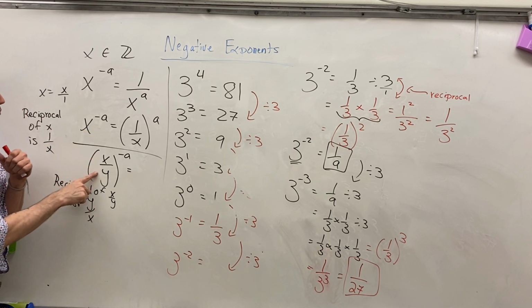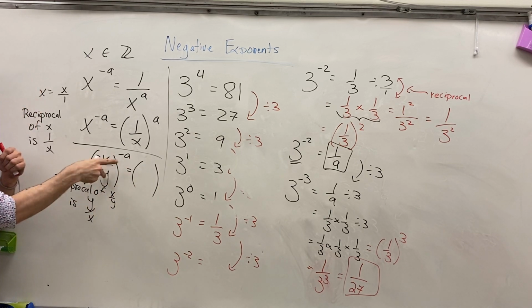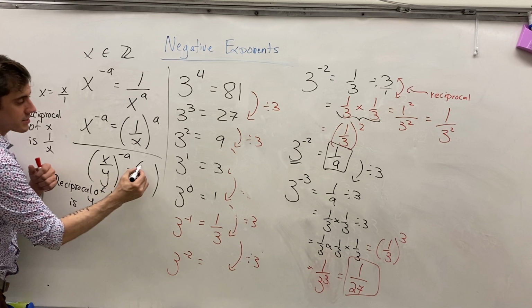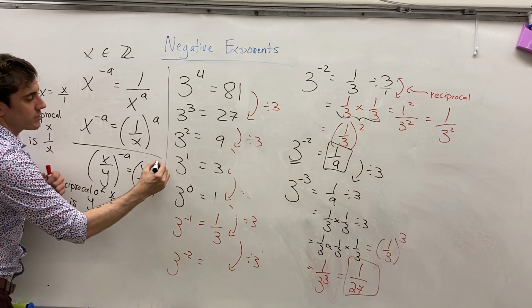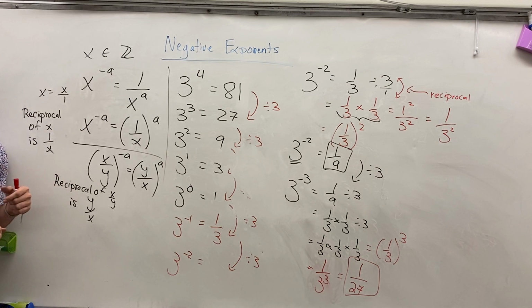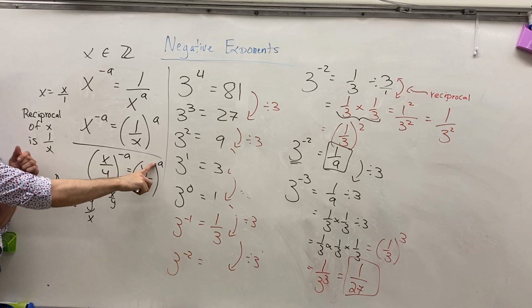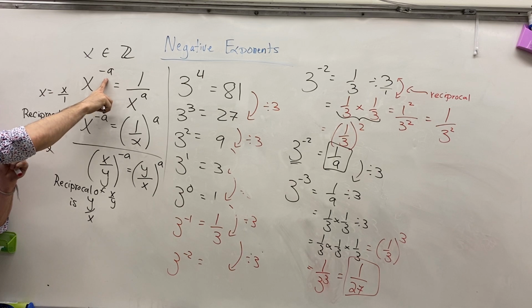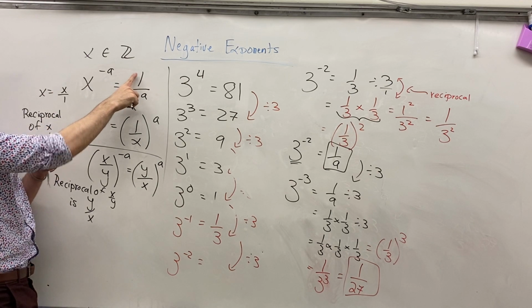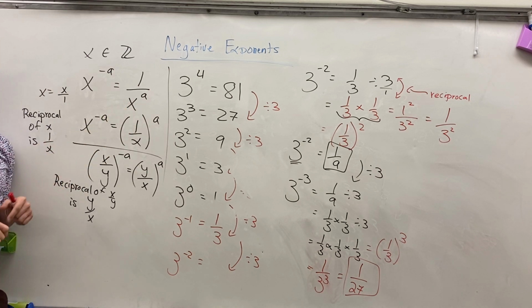And so x over y to the power of negative a can be written as the reciprocal, so y over x, we simply flip the base, and now we drop the negative in the exponent to the power of positive a. Okay? So whenever you have a rational number to a negative exponent, you flip the base, and you drop the negative in the exponent. And if you simply have an integer value to the power of a negative exponent, you can write it as 1 over that same base to the power of the positive exponent.